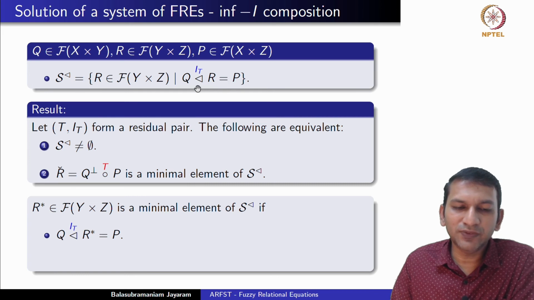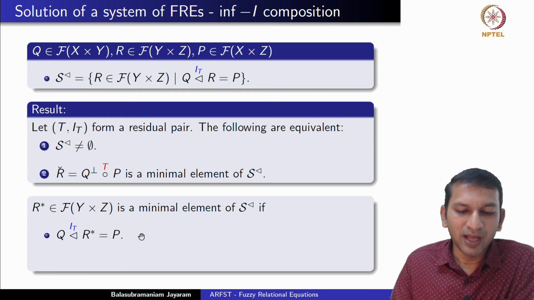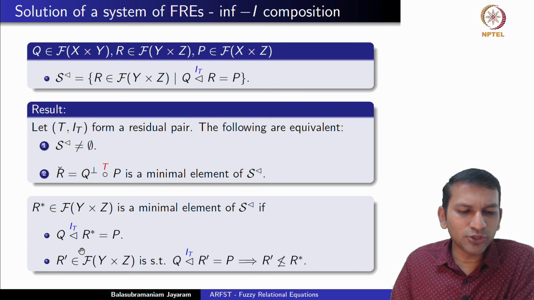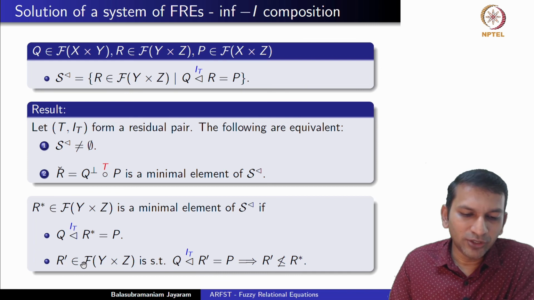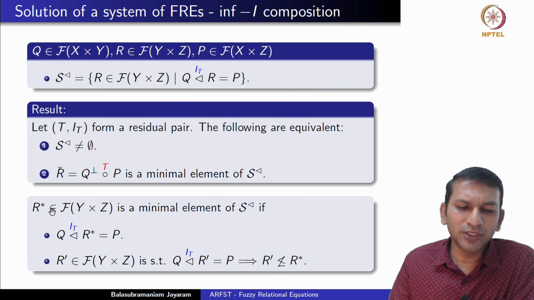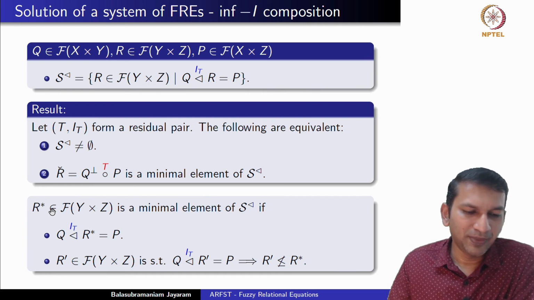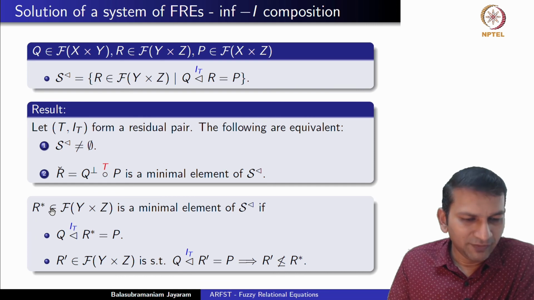First of all, it should satisfy this fuzzy relational equation, and if there exists some other solution to this equation, then that is definitely not smaller than R check that we are considering here. So this is the dual of the maximum element. Once again, we'll prove this.